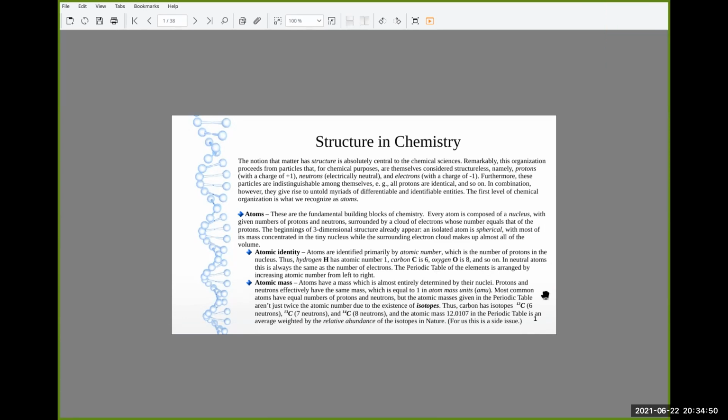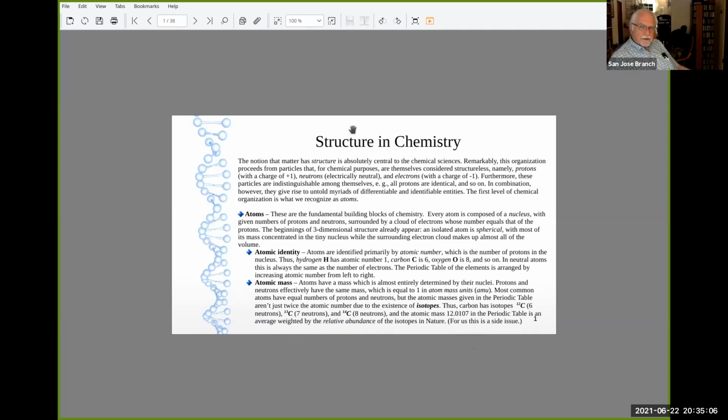Sorry. Yeah. It seems that the slide that you're on right now, or that I can see, is still on atoms and not on molecules. So I'm not sure why, but the share screen is I see atoms. So what's the heading that you're seeing? Structure and chemistry. Oh, so it hasn't... Is everybody having that same experience?